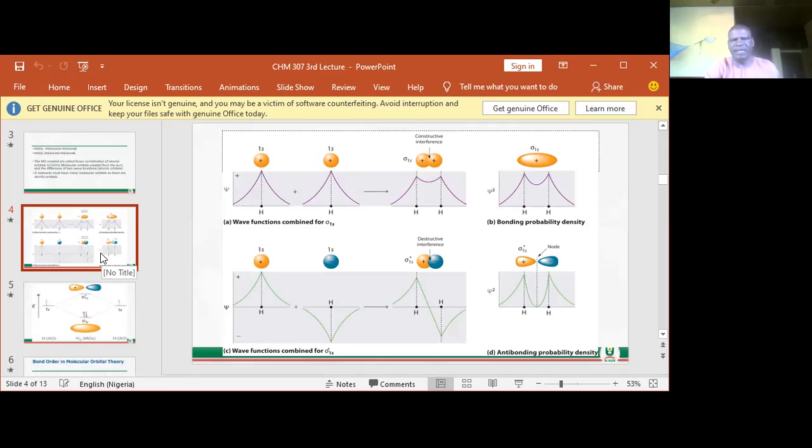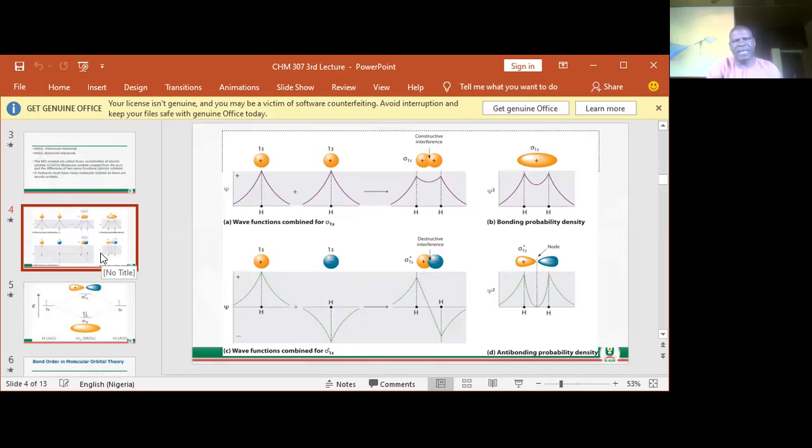So an example is if you have two hydrogen atoms you are bringing together, they give you something intermediate like what you are seeing in between the A and B. It's like two eggs brought together. Now in B, you see the bonding probability. That is, the two have been mixed together. It forms something that looks spherical like an egg. So the probability of finding an electron is found within that very particular region.